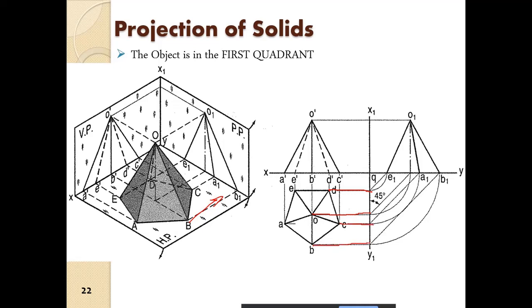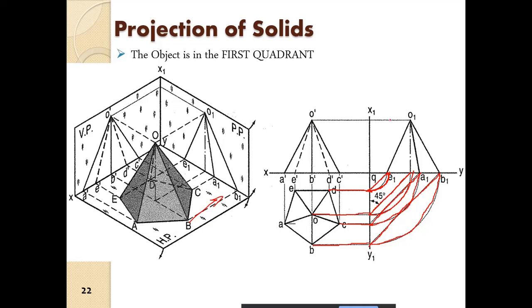From there, either you can draw the 45-degree line, or you can straight away use parallel lines, or you can use an arc. Arc is the best option; I would prefer to use the arc. So using the arc, you first transfer the points up to here.